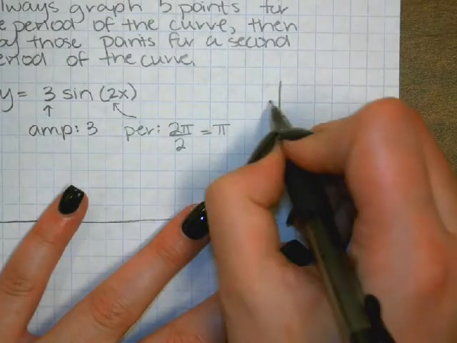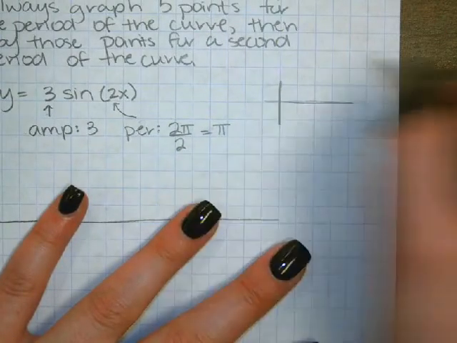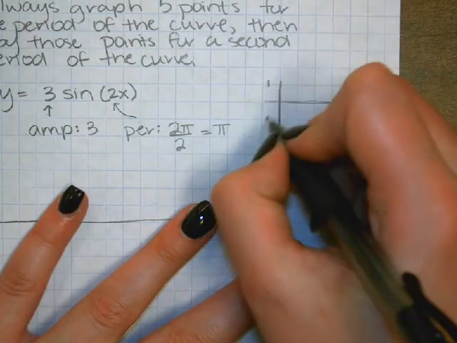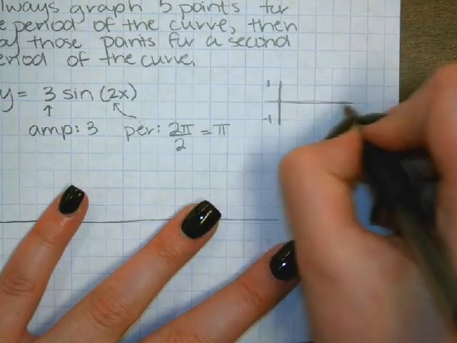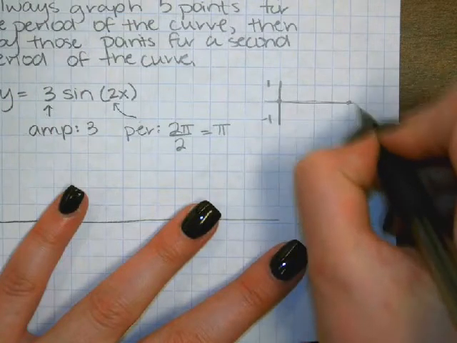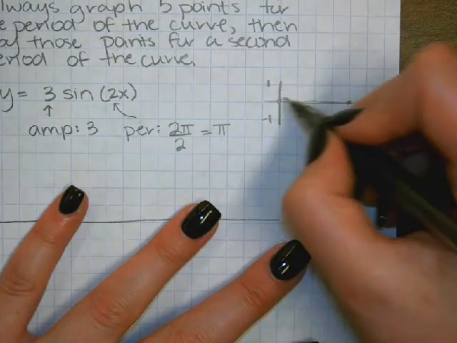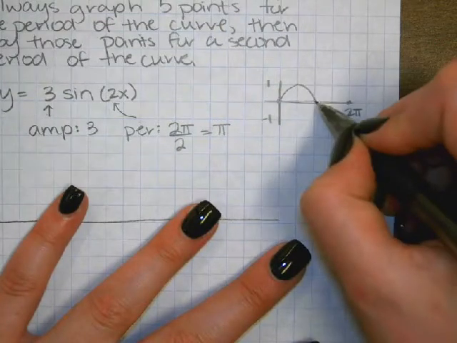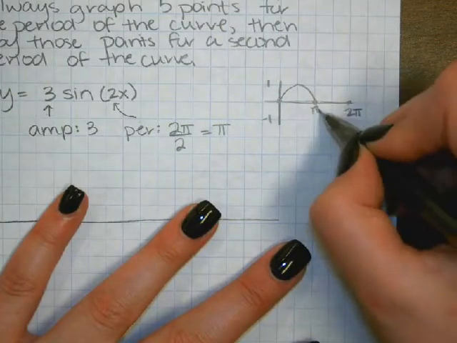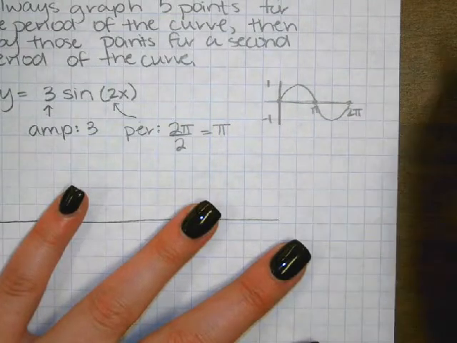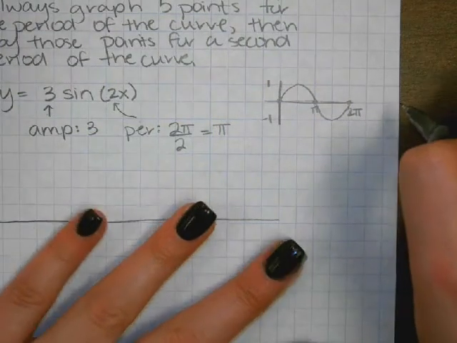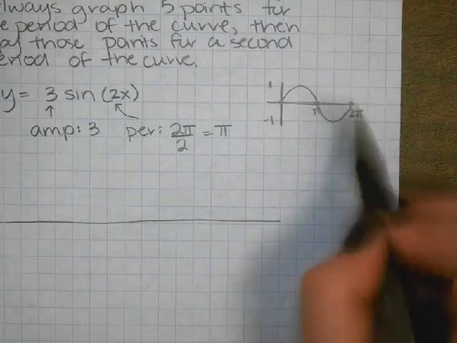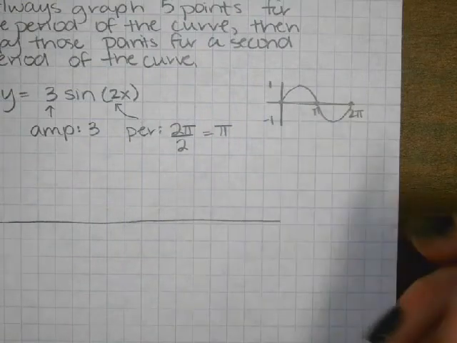So a normal sine graph starts at 0 and ends at 2 pi. So a normal sine graph starts at 0, goes up to +1, and then hits 0 at pi, and then it goes down to -1, and then it hits 0 again. That's a normal sine curve, okay? And we're going to use that idea as we draw this graph.